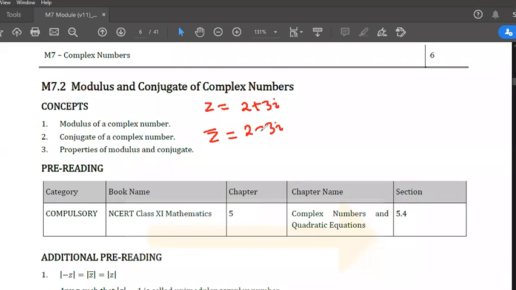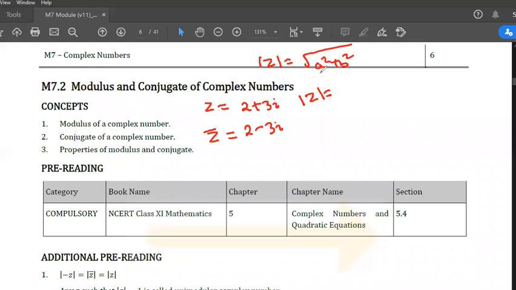Got it, everyone? Anyone have any doubt in this, that the conjugate of 2 plus 3i will be 2 minus 3i? Now, what is mod of Z? Just think about this. If there's anyone who doesn't remember the formula, mod of Z is equal to root of a square plus b square, where a is the real part and b is the imaginary part.